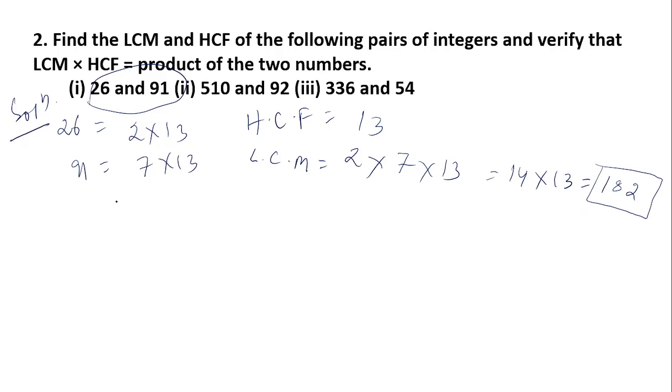Then we can verify. Take the left side, that is LCM into HCF, equal to 182 into 13. 13 twos are 26, 6 remaining 2. 13 eights are 104, 104, 106, 6, 10. 13 ones are 13 and then 10.